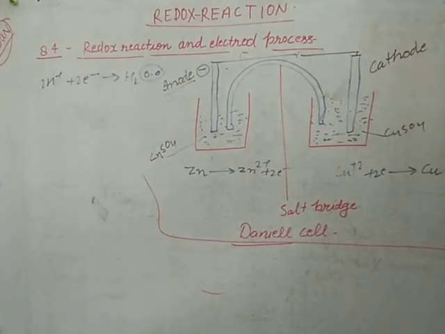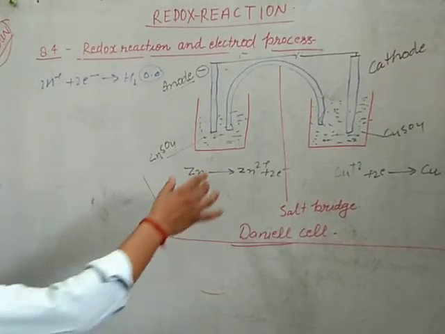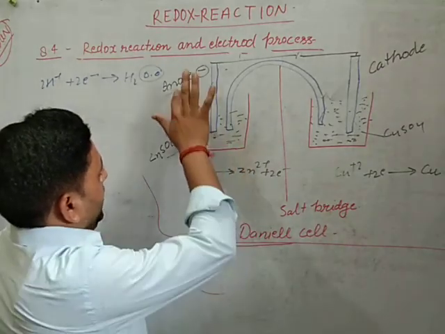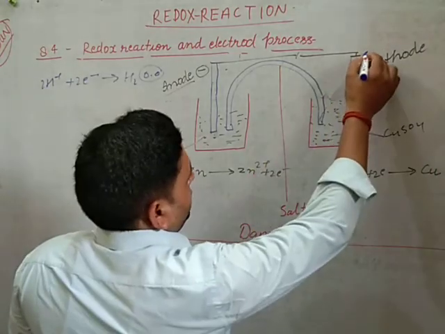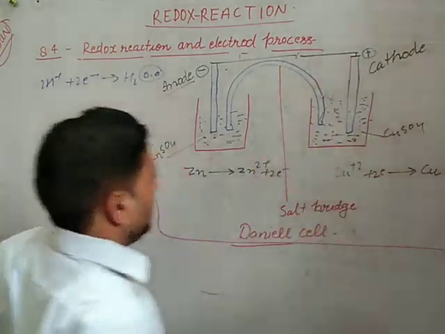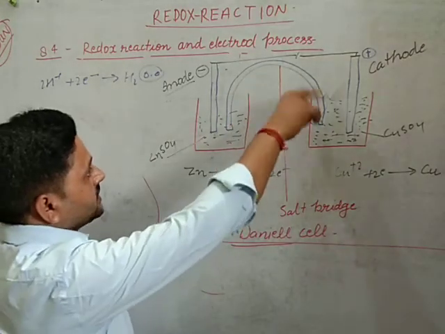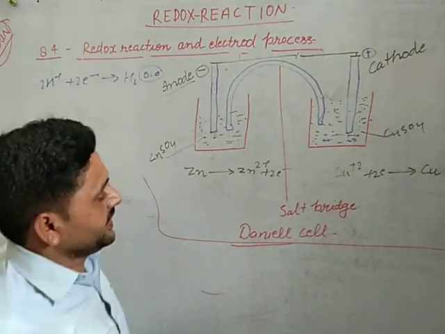Here I have made the Daniell cell. Note that this one is the cathode. And we have used one salt bridge. What is the function of the salt bridge?